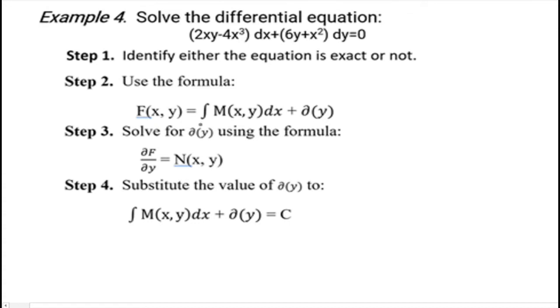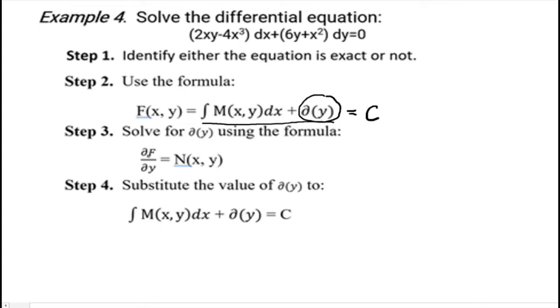That is the integral of M dx plus an unknown function of y, and equate that to c. This is a partial answer because we are still going to look for the value of this function of y. And that value can be obtained in step 3.